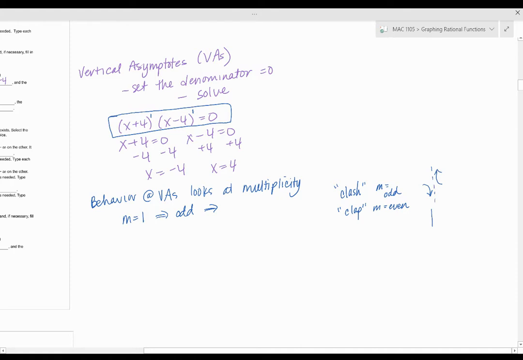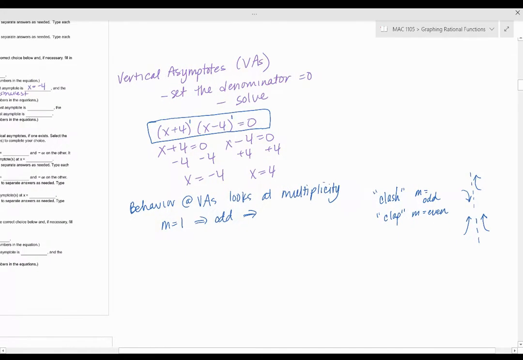Clapping means that they both approach the same infinity, whether that's up or down. I meant to draw a dashed line. So something like that, okay? Since our multiplicity is odd, we are clashing at both of our asymptotes, which means we are approaching different infinities from each side.